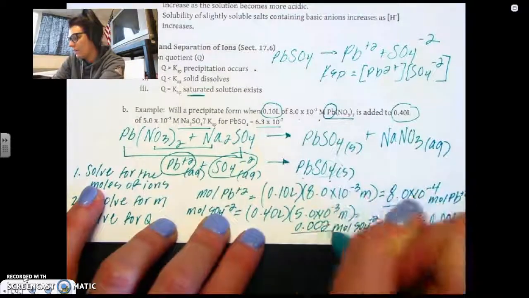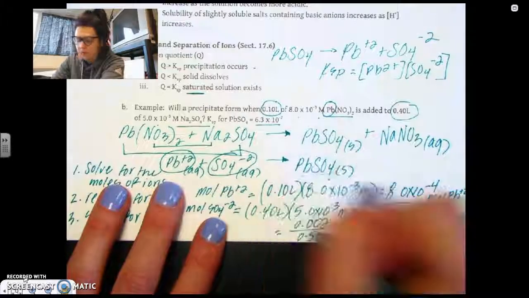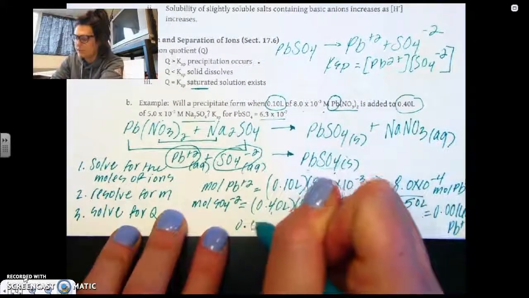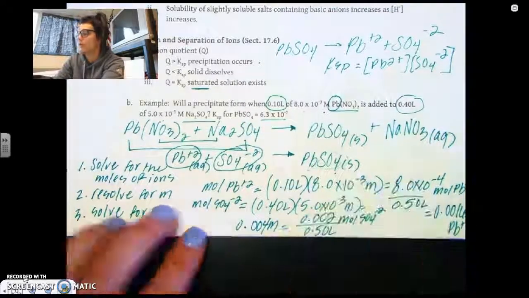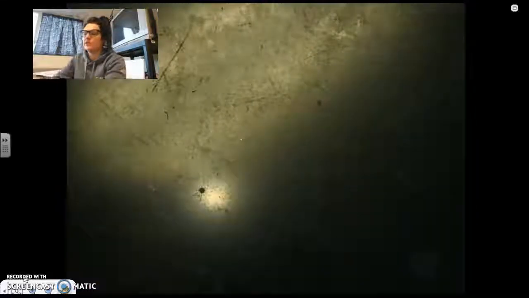In 0.50 liters, that gives a concentration of 0.004 molar sulfate. Now I have the molarity of sulfate and lead, so I can solve for Q.